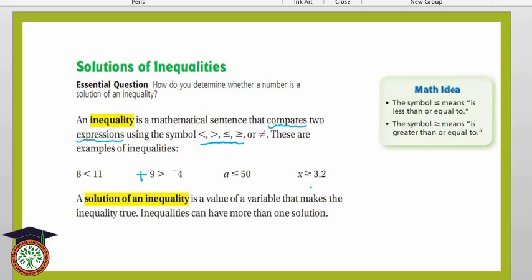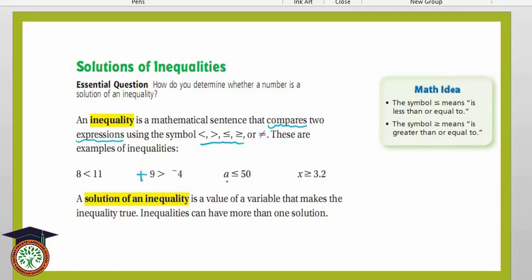Here we have x is greater than or equal to 3.2. So x can be equal to 3.2 because it says equal. So x can be 3.2 or 3.5 or 4 or 5 or 100 or 1 million and so on.